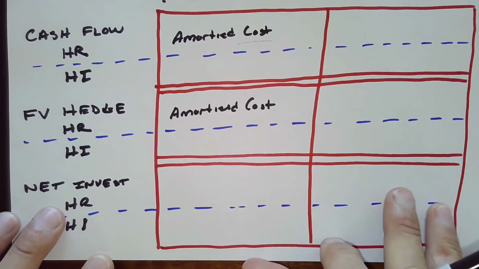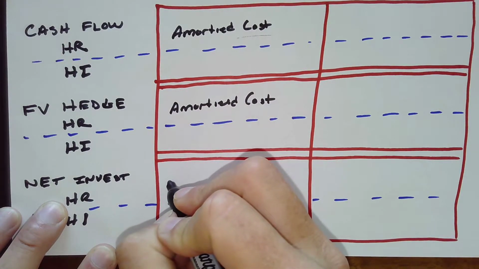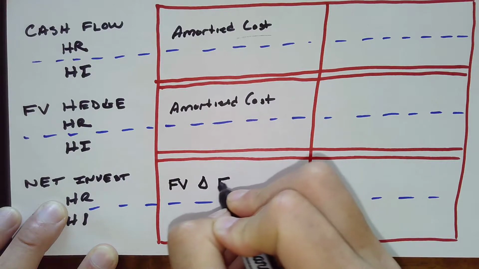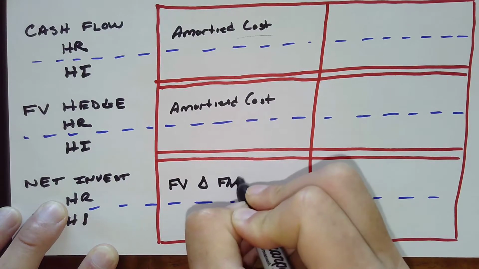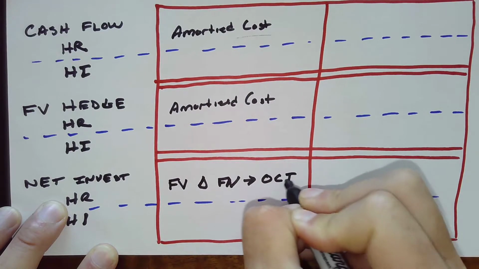And then with a net investment, the hedge risk here is going to be at fair value with changes in fair value going to OCI, right?